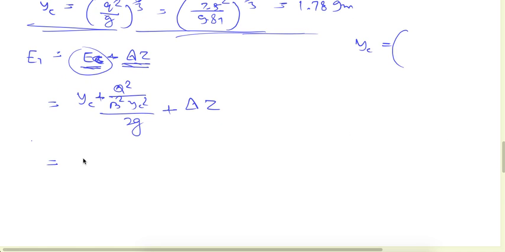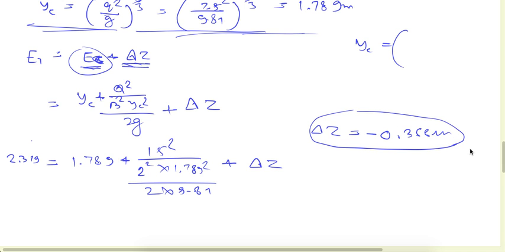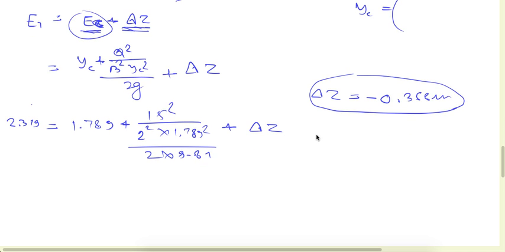And so if we put the value here, whatever we found out is 1.789 plus Q is 15 square divided by 2 square into 1.789 square into 9.81 plus delta Z, and this E1 was equal to 2.319. From here delta Z is equal to minus 0.366 meter.